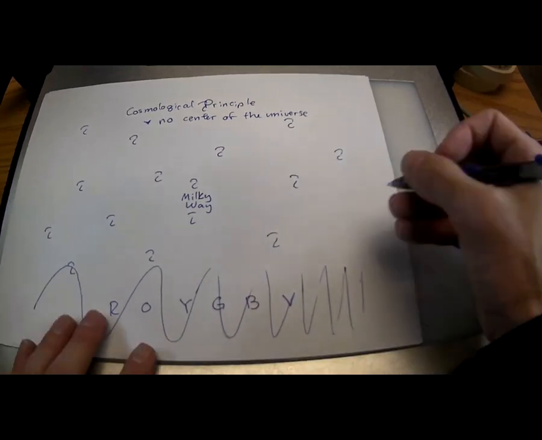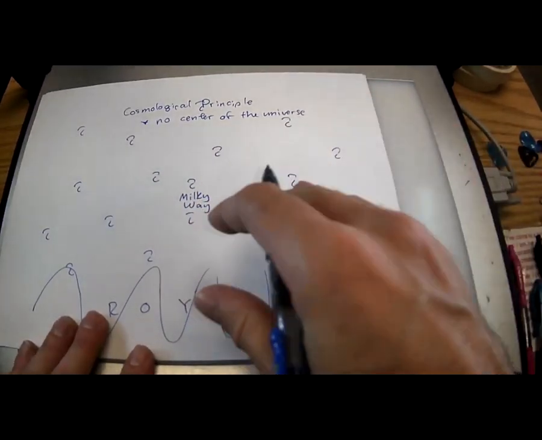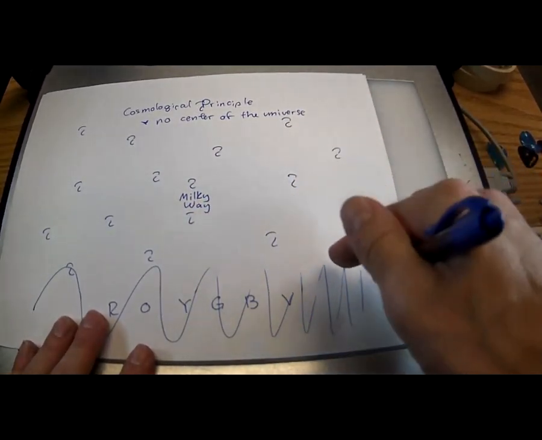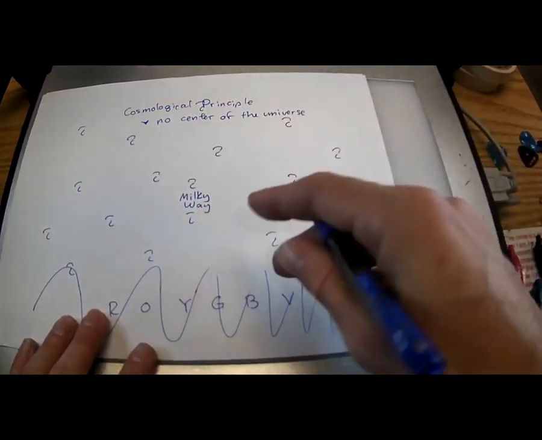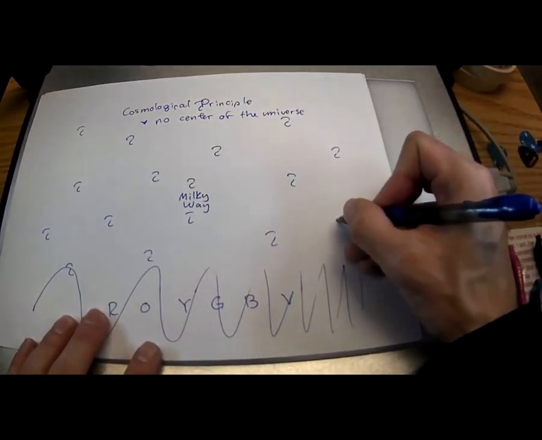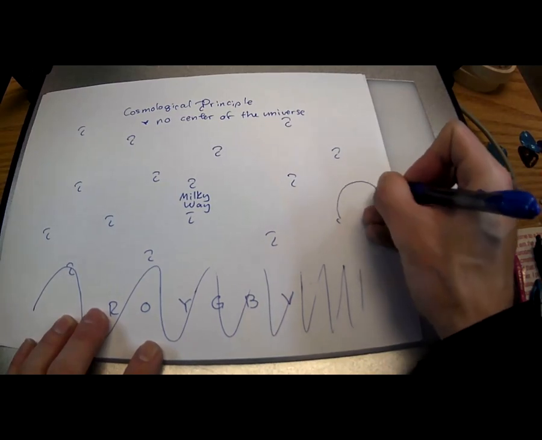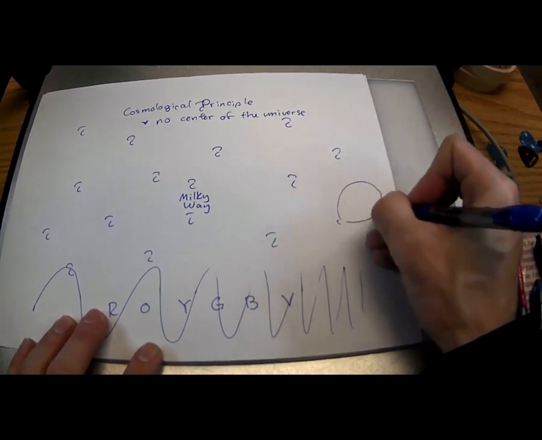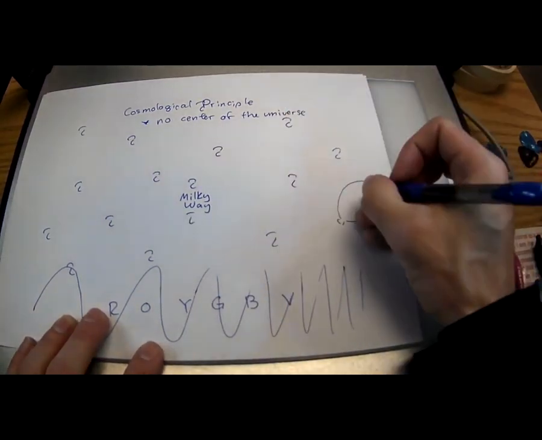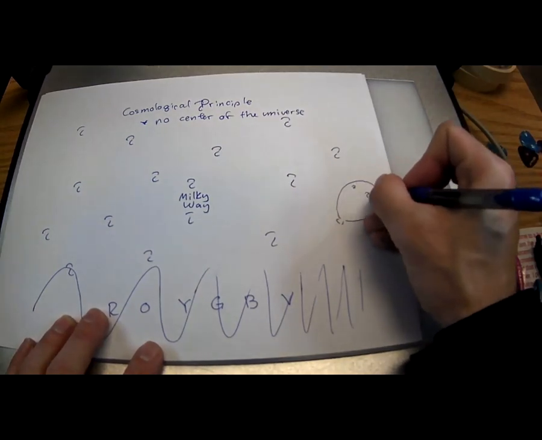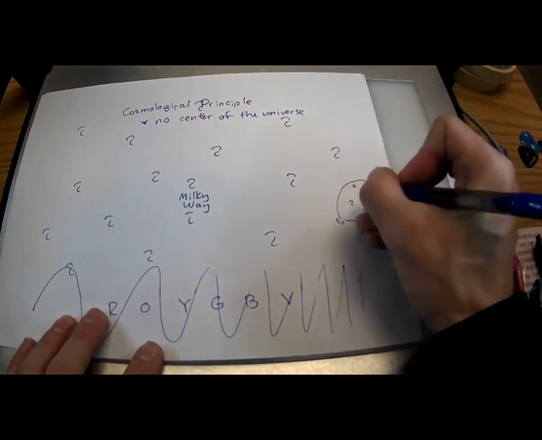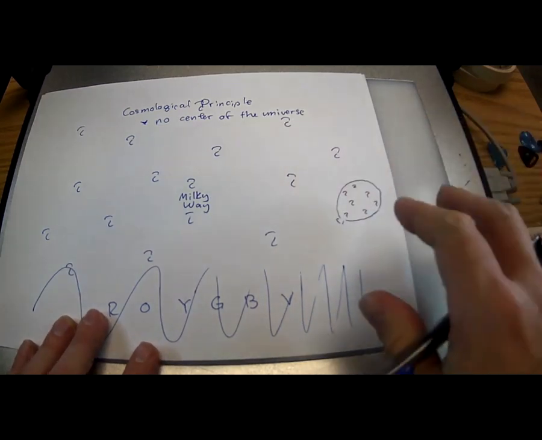One analogy I've seen is, and you have to think kind of abstractly with this, let's say you take 3 spatial dimensions and put them onto the 2-dimensional surface of a balloon. So here's a balloon, and I'll draw all the galaxies: galaxy, galaxy, galaxy, galaxy, galaxy. Remember, this is an analogy.